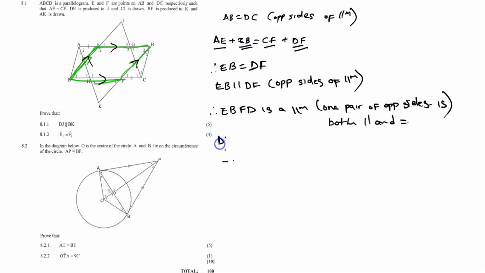So DJ is parallel to BK because they're opposite sides of a parallelogram. Or you can start by saying DE is parallel to BF, and then you write this reason there.